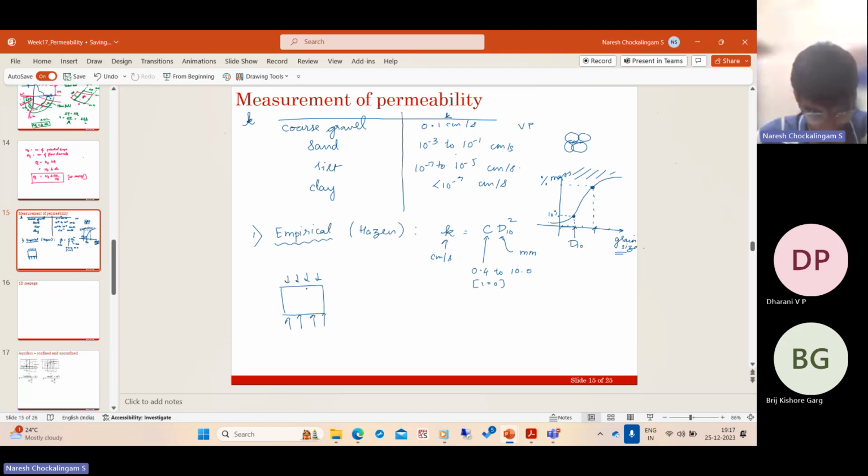So this can be anisotropic, and the soil structure has certain properties. If the soil is under stress, the grains are packed closer to each other, so directly relating to grain size has certain limitations.